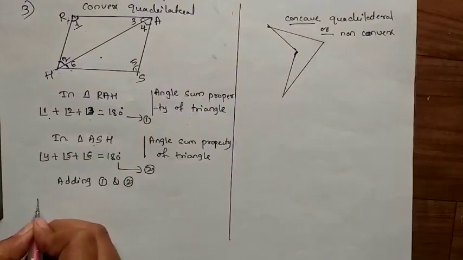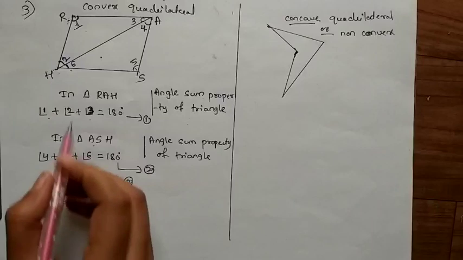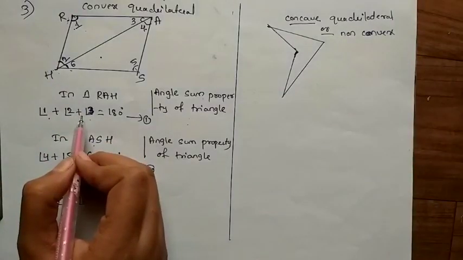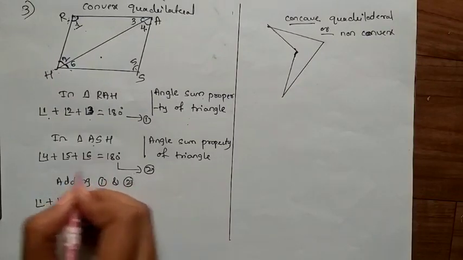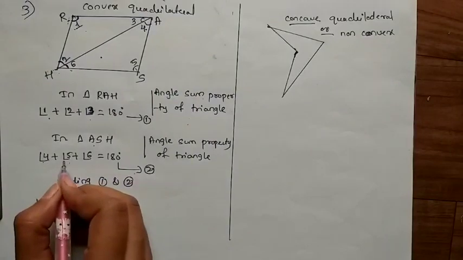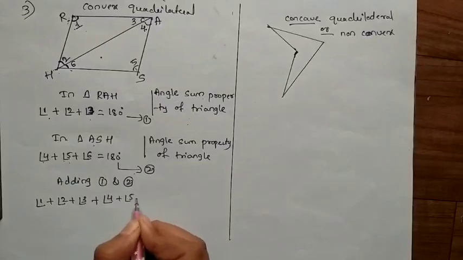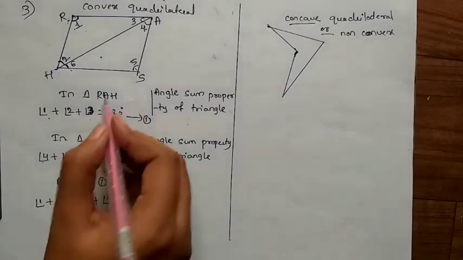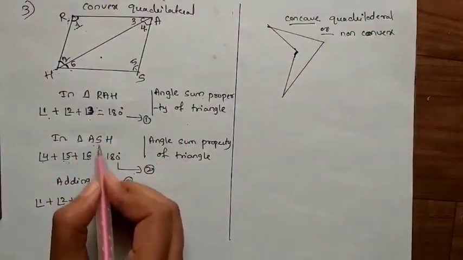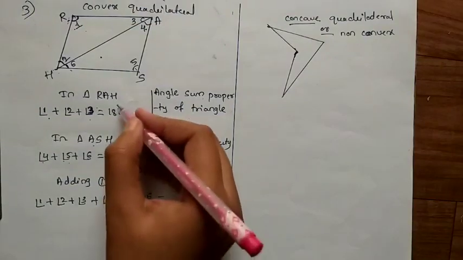What are we doing here? Addition. Next we add the left hand side of equation 2, angle 4 plus angle 5 plus angle 6. After adding the left hand side, we keep the equal sign as it is.